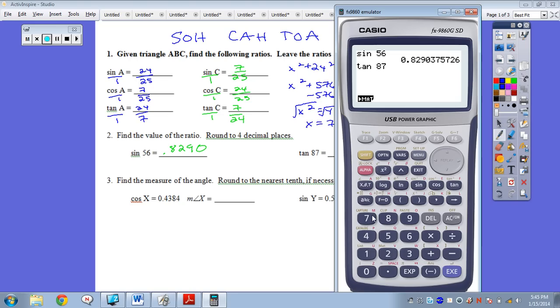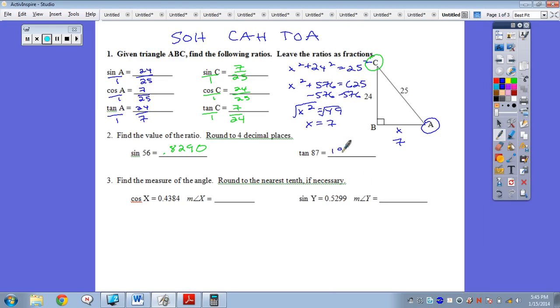Tangent of 87, enter, is 19.0811. Alright, so those are what each trig function is equivalent to.